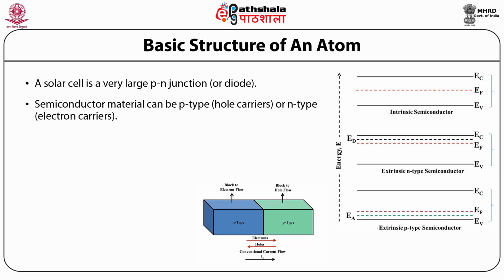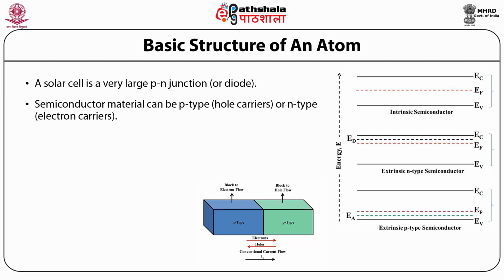The energy versus distance diagram for the intrinsic, N-type and P-type semiconductors with the positions of the Fermi level is shown in the figure. In this section, the basic properties of PN junction diode will be analyzed under both illumination and dark conditions.